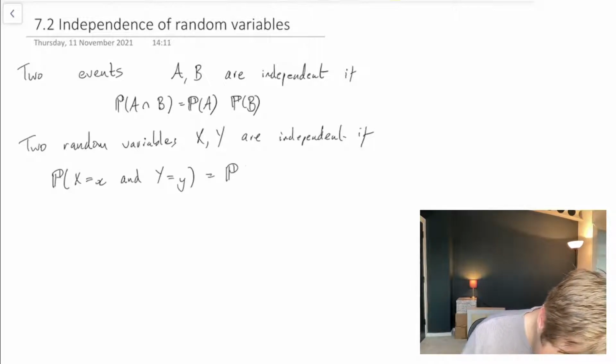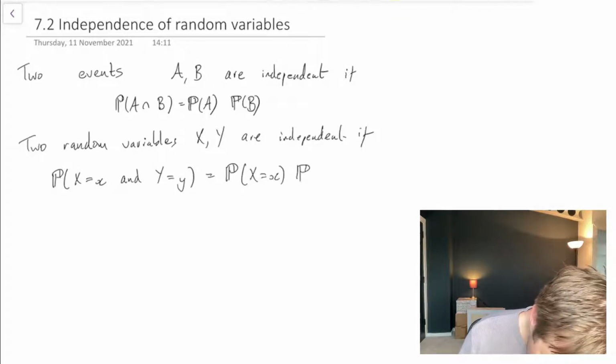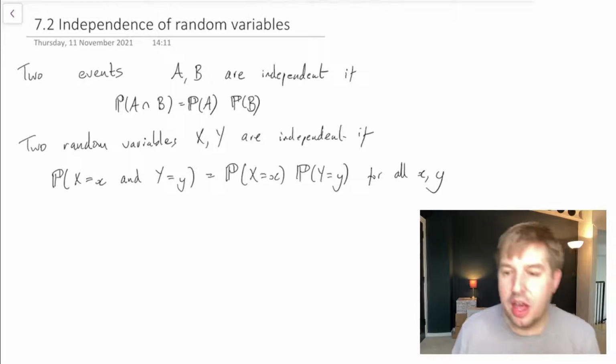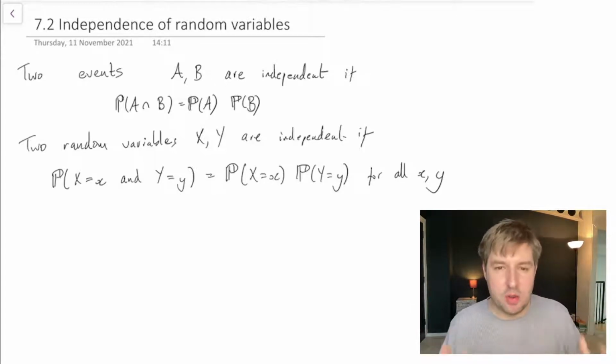Again, we want the probability that both those things happen to be the product of the individual probabilities. And this has to be for all x in the range of X and for all y in the range of Y.